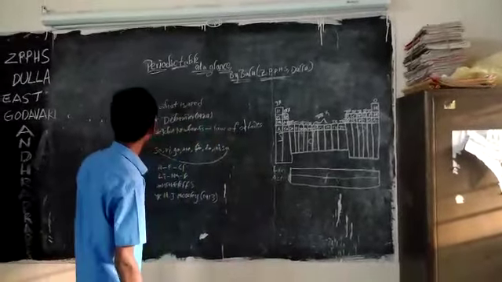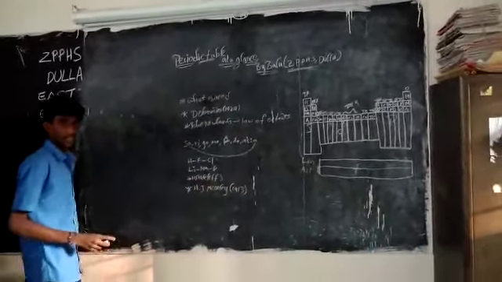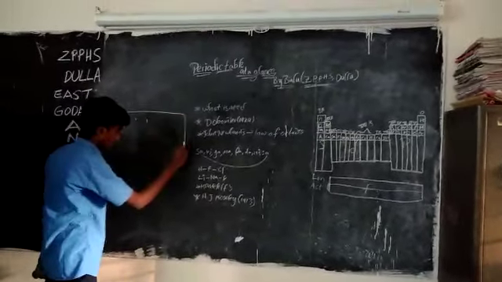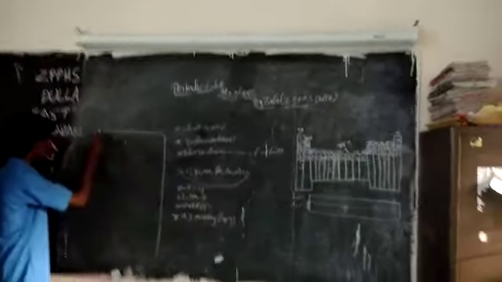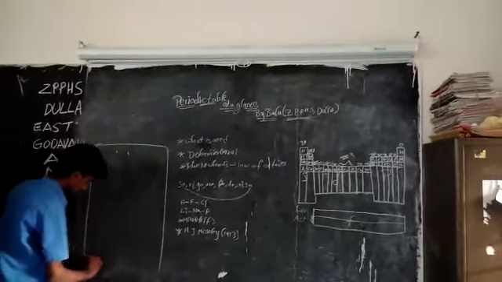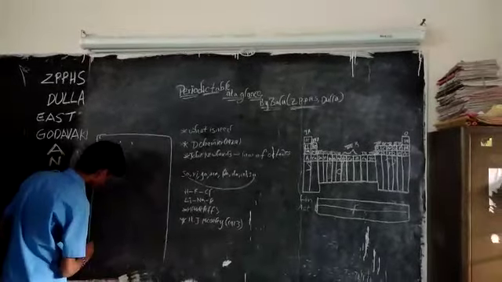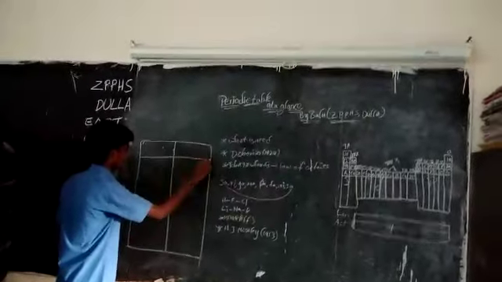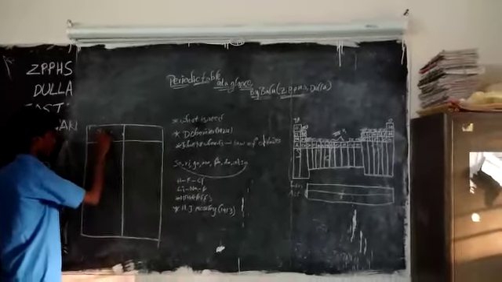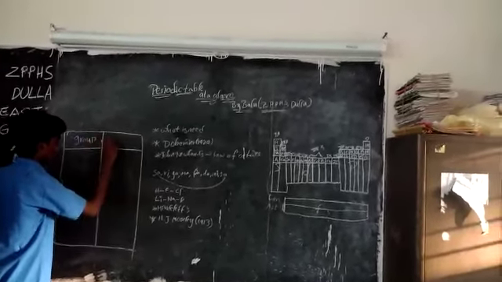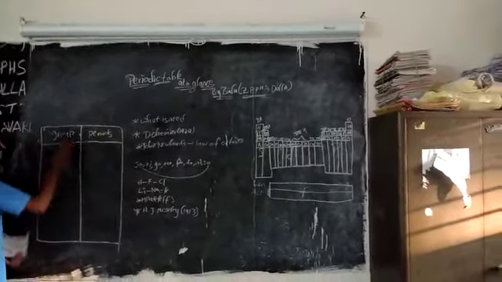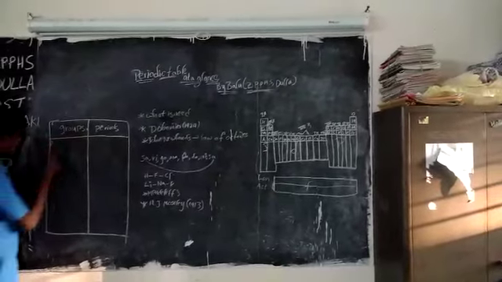The properties in the periodic table show different trends in groups and periods. The first property is valency.